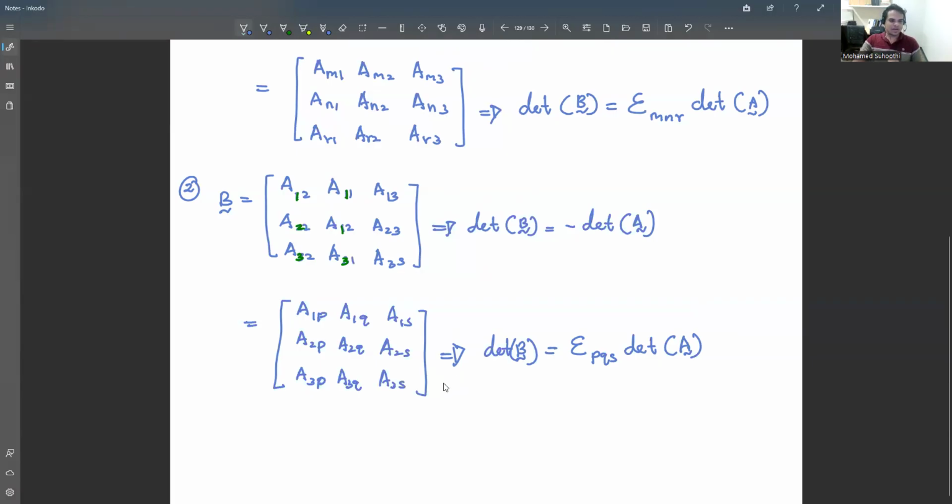Now what I'm going to do, I'm going to combine these two together, right? So now my B matrix I'm going to consider now AMP, AMQ, AMS, ANP, ANQ, ANS, ARP, ARQ, ARS.